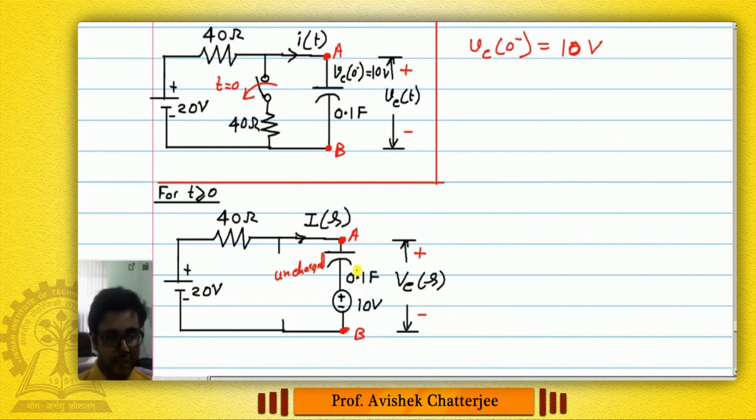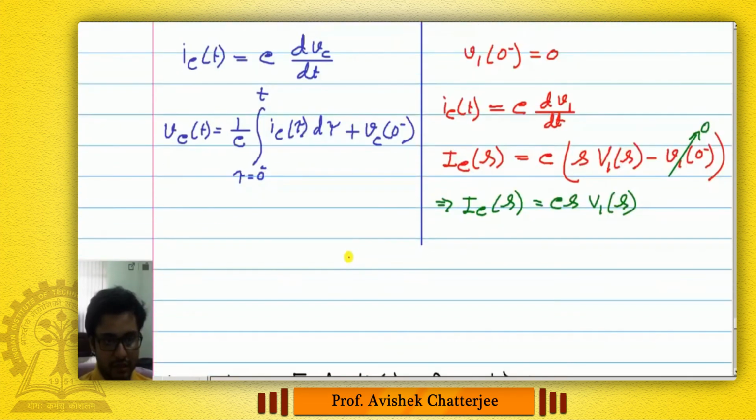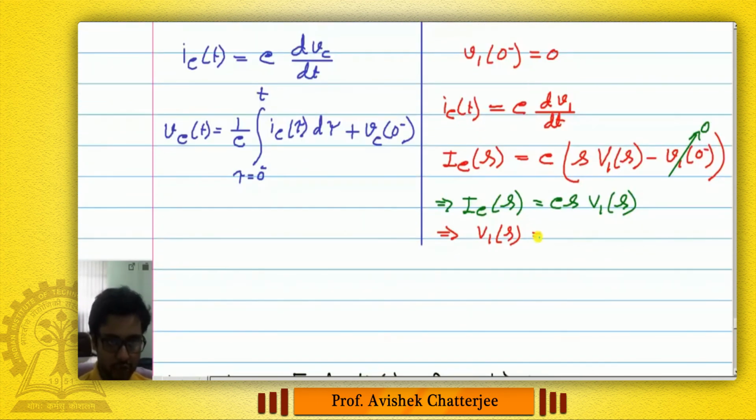Okay, now for an uncharged capacitor, you see this is the relation between voltage across it and current through it. So therefore you see here V1, the voltage across the capacitor, is equal to 1 by CS multiplied by ICS. So this constant acts as the impedance, if you think this is like an Ohm's law.